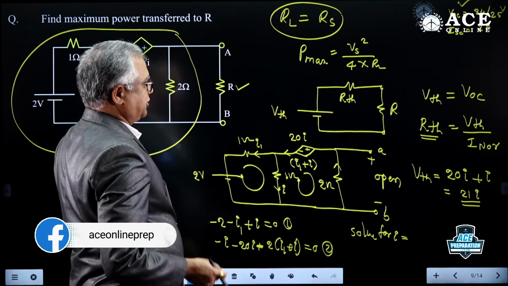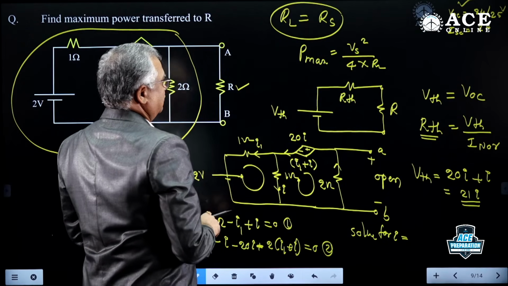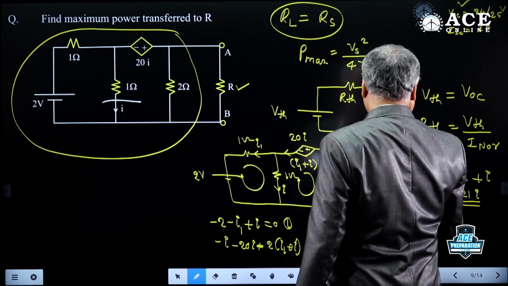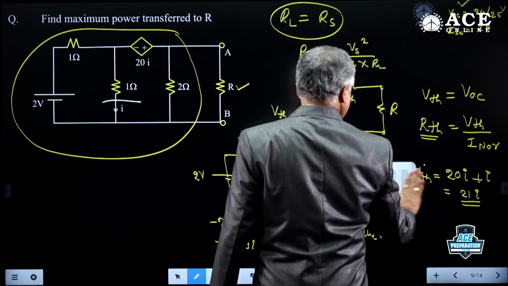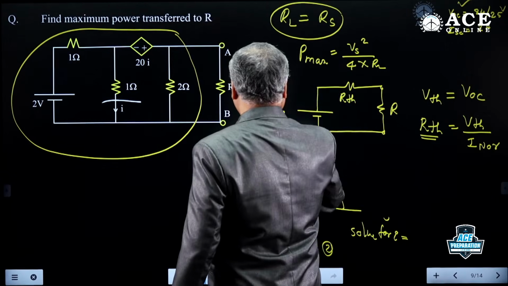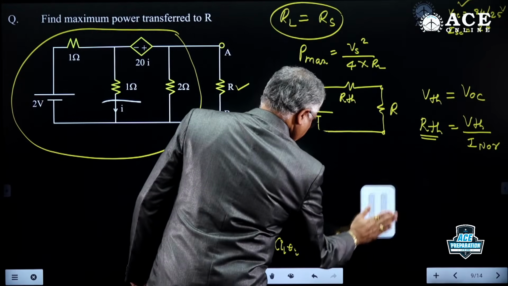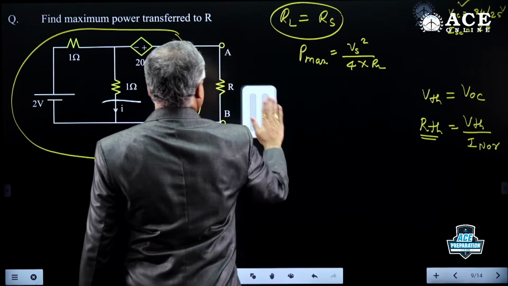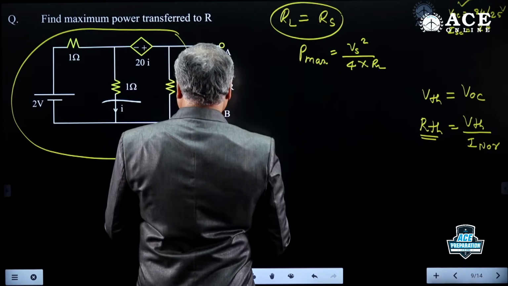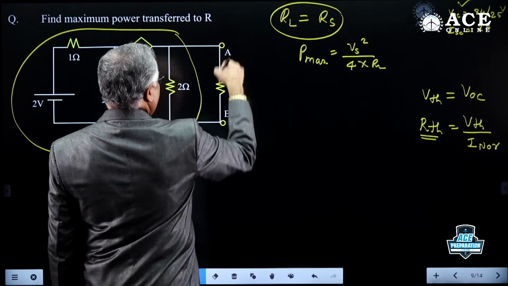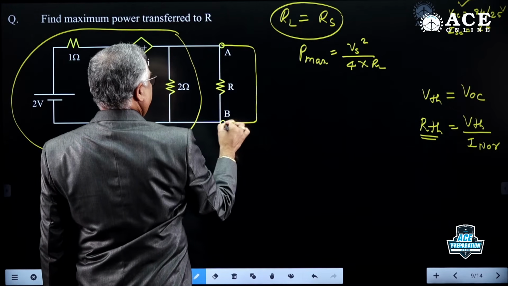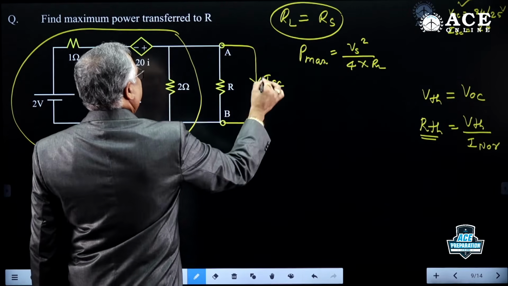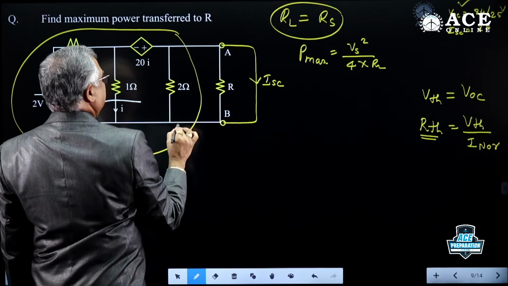Next, you have to find the short circuit current. But here AB is shorted. The current is ISC. This is ISC. What is the current here? 0.